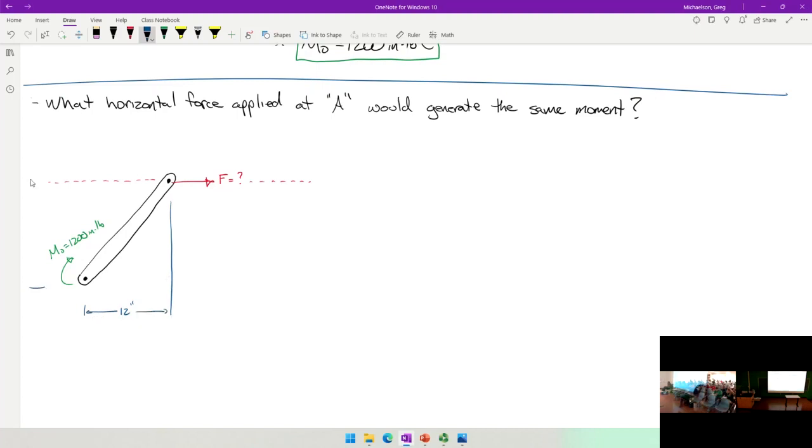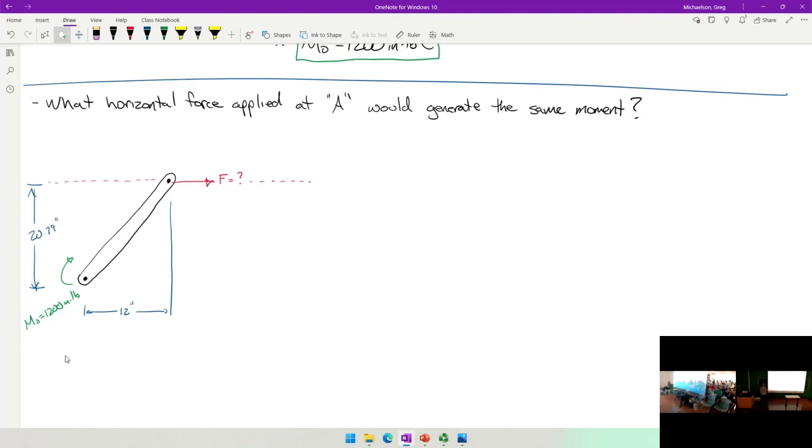And this dimension here, what was that? 20.79 inches. Move that down there. How do we do this problem?